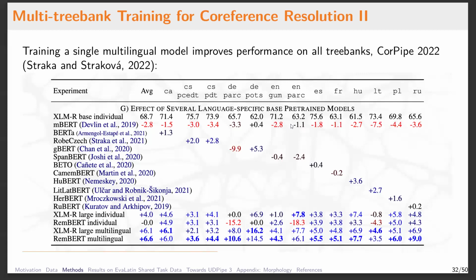So you get +2 points on average, but you get plus points across the board. So this is a different observation from the Latin dependency parsing. We didn't observe any of the treebanks going down. All of them benefited. And the same effect is in these 2 pairs, RemBERT individually trained and RemBERT in a multilingual setting, where you would train in multi-treebank setting.